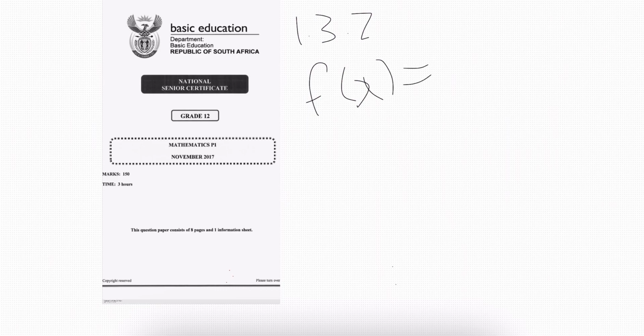When they say two unequal negative roots, let's just write down the problem. 1.3.2: f at x equals p has two unequal negative roots. Okay, cool.